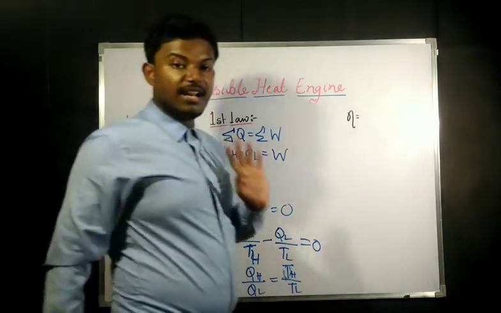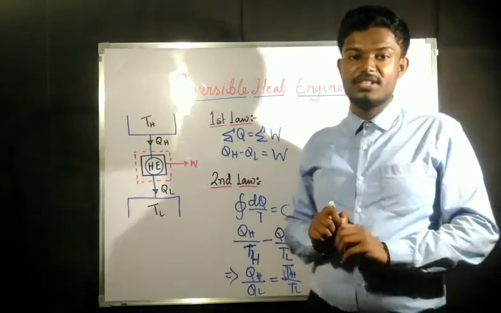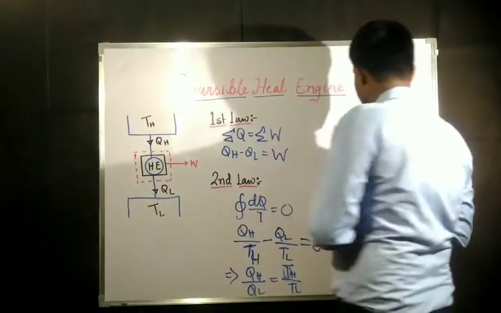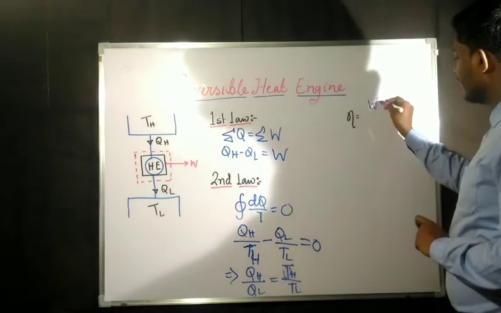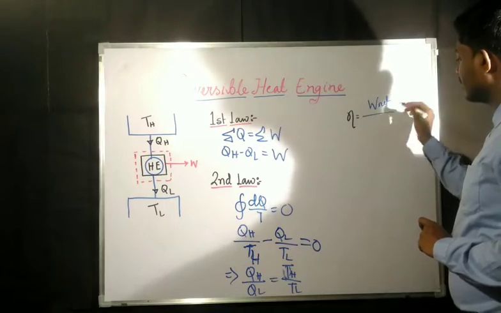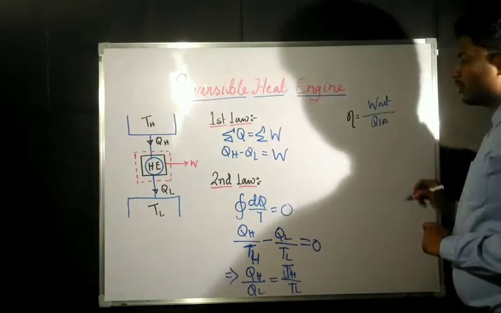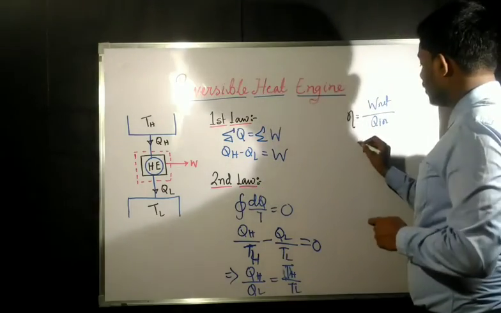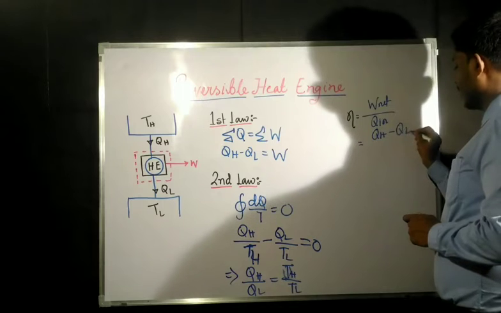Now let us find the efficiency of the reversible heat engine. Efficiency is nothing but W net, the net work that is coming out, divided by Q in. We have found out W equals QH minus QL.